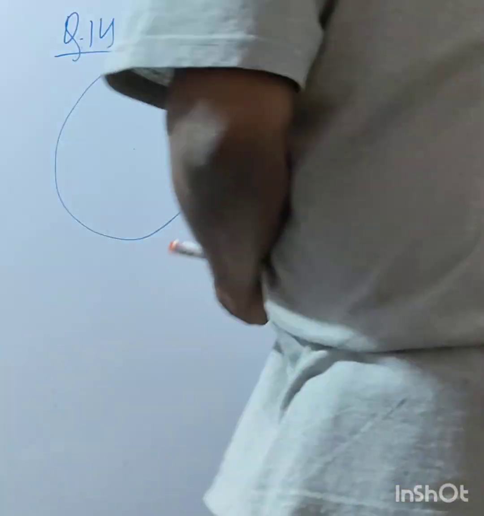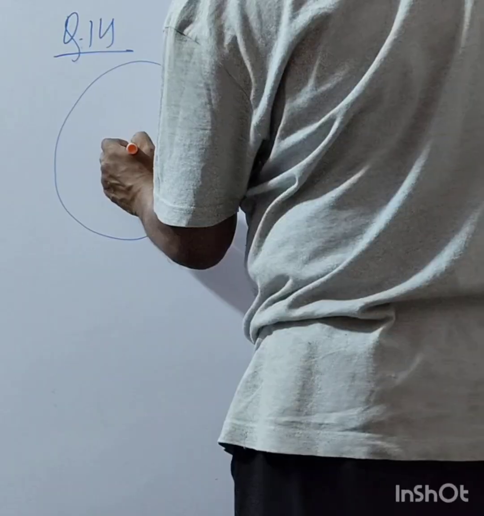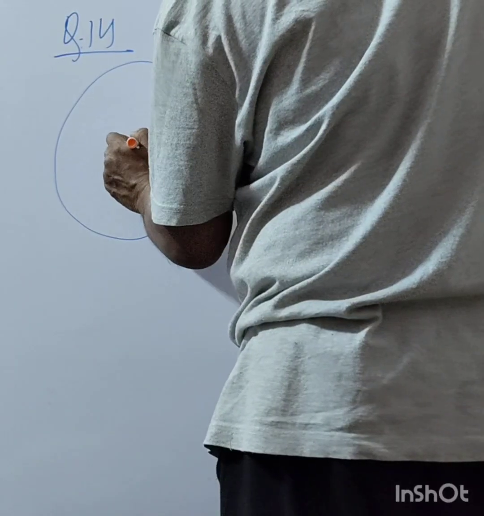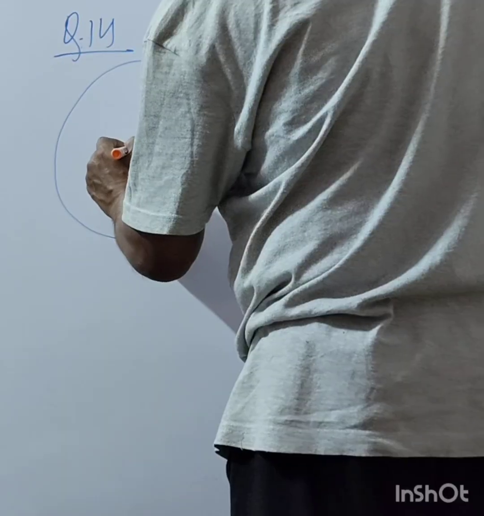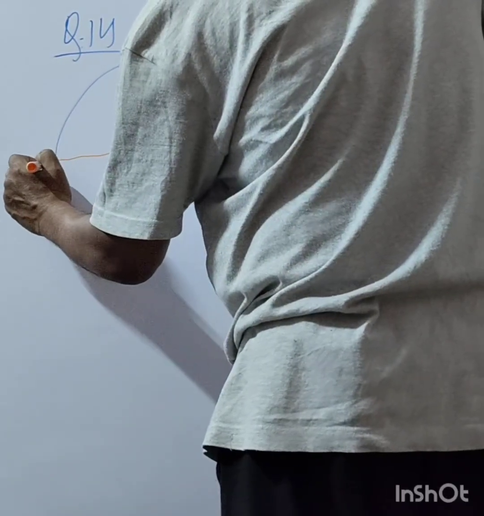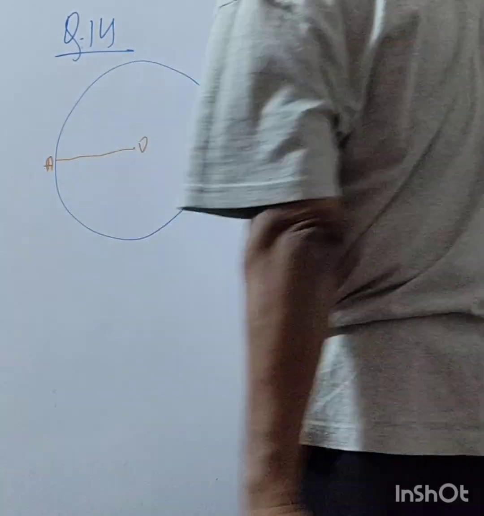This is a circle. This is center O. So from here O, we have a line OA, right?